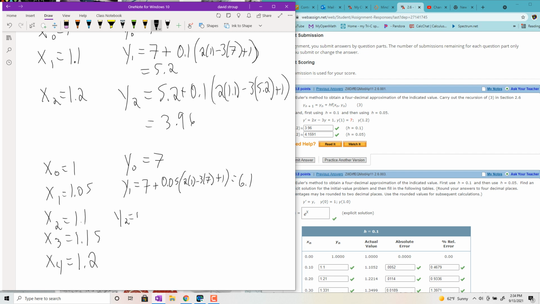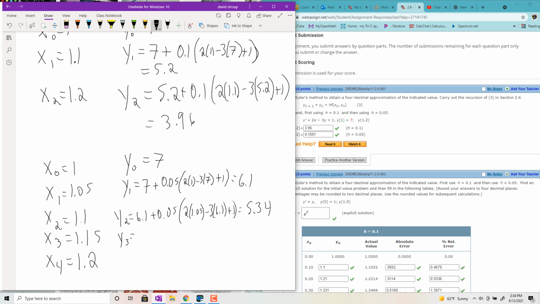Y sub 2 will be 6.1 plus 0.05 times 2 times 1.05 minus 3 times 6.1 plus 1. Getting 5.34.